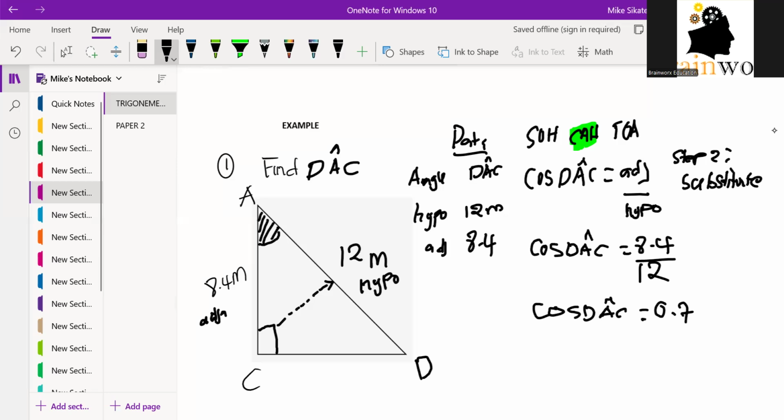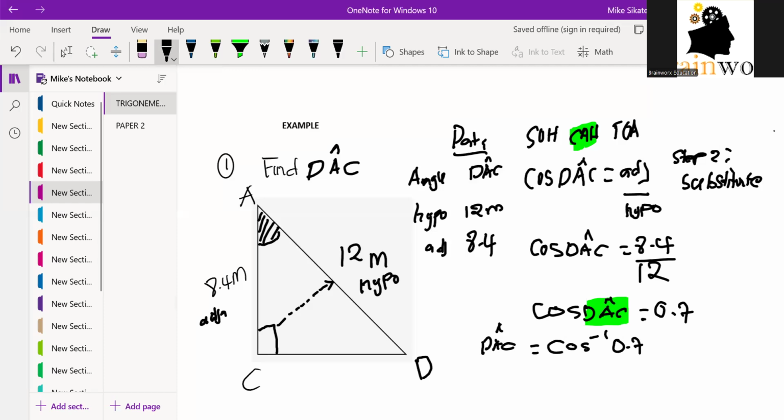Once we reach here, we want to make DAC the subject of the formula. To make DAC the subject of the formula, we have to use the inverse of cos. That's how we make DAC the subject of the formula. So we'll say DAC is the inverse of cosine 0.7. To get the inverse of cosine, if you're using a Casio, you're going to press shift cosine.